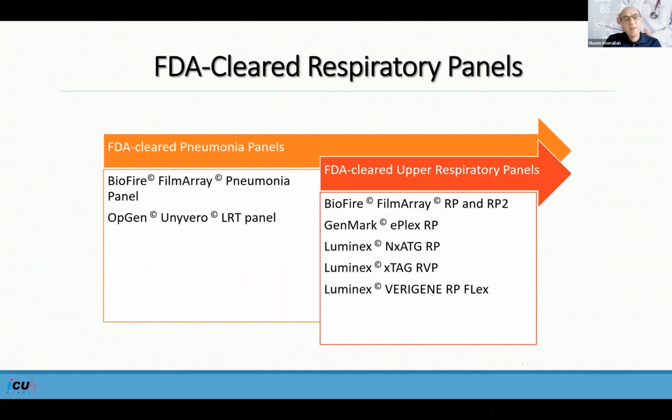So the FDA cleared pneumonia panels include the BioFire FilmArray Pneumonia Panel, and another good one, which is the Unyvero LRT panel. From the upper respiratory panels, we're going to be talking only about the BioFire FilmArray, similar to the pneumonia panel. We'll see the organisms, but there are multiple other panels available commercially and FDA approved.